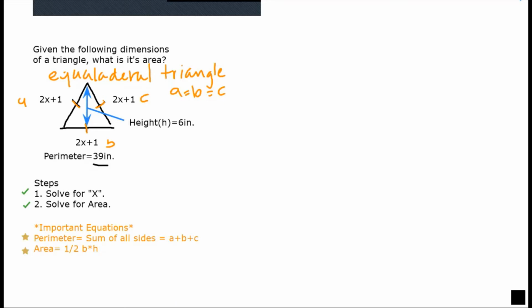All right, getting back to this. We need to solve using the perimeter here, 39 inches. Perimeter is the sum of all sides.